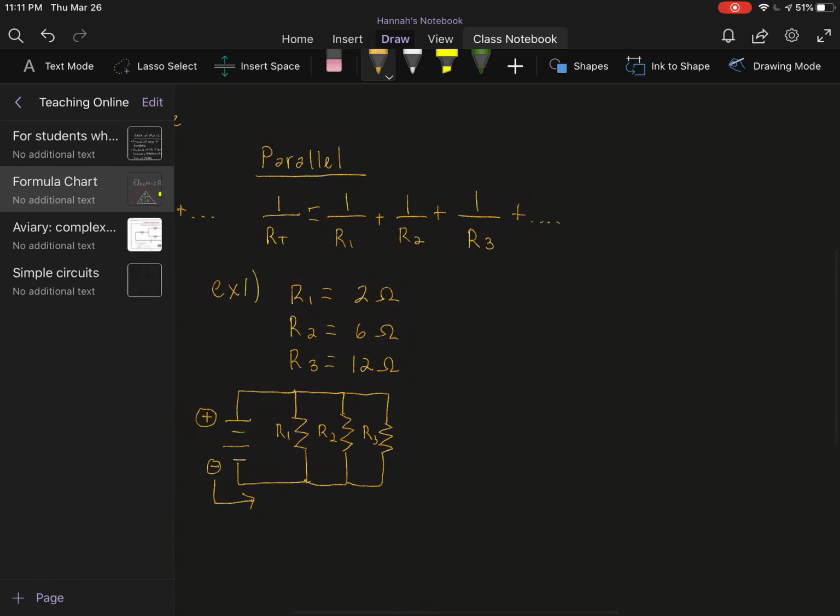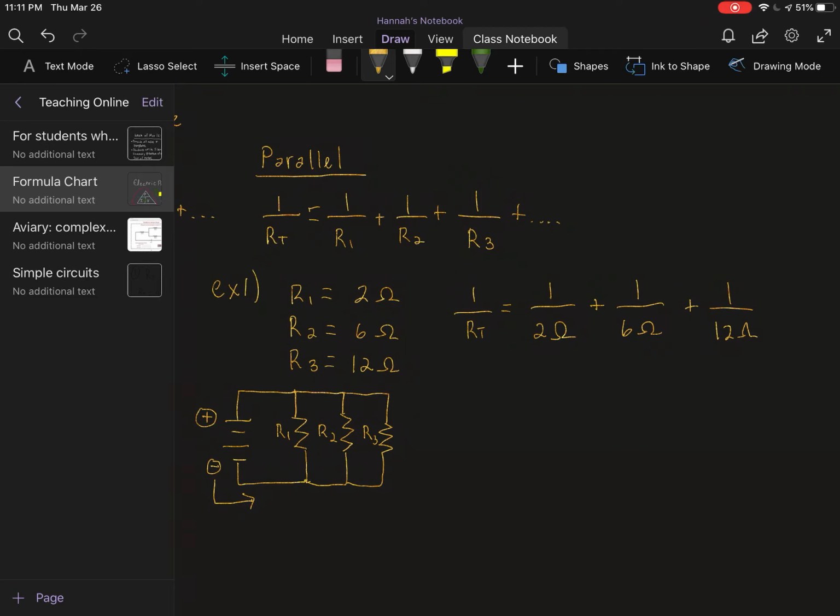So since we're in parallel, to find our total resistance, we reciprocate all of our resistances. And that is ohms. Sorry, it's ugly. Okay.